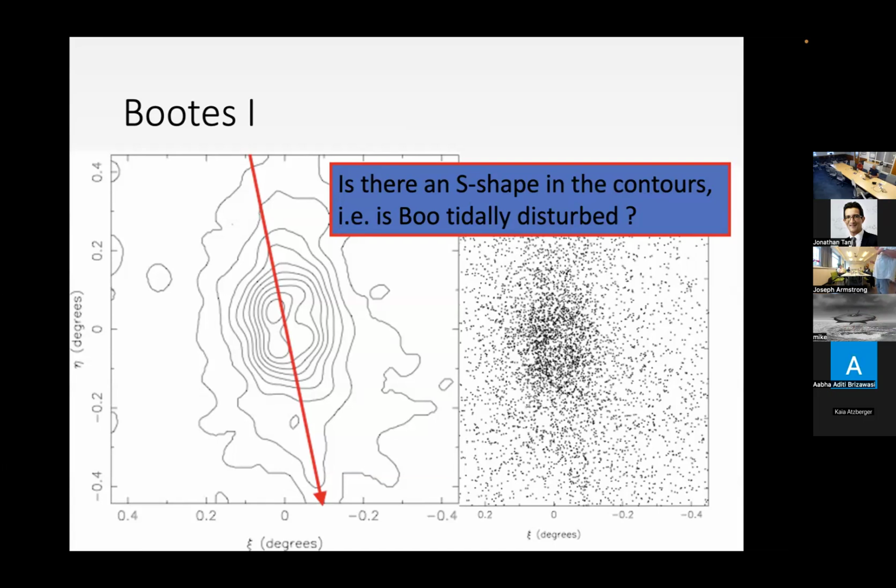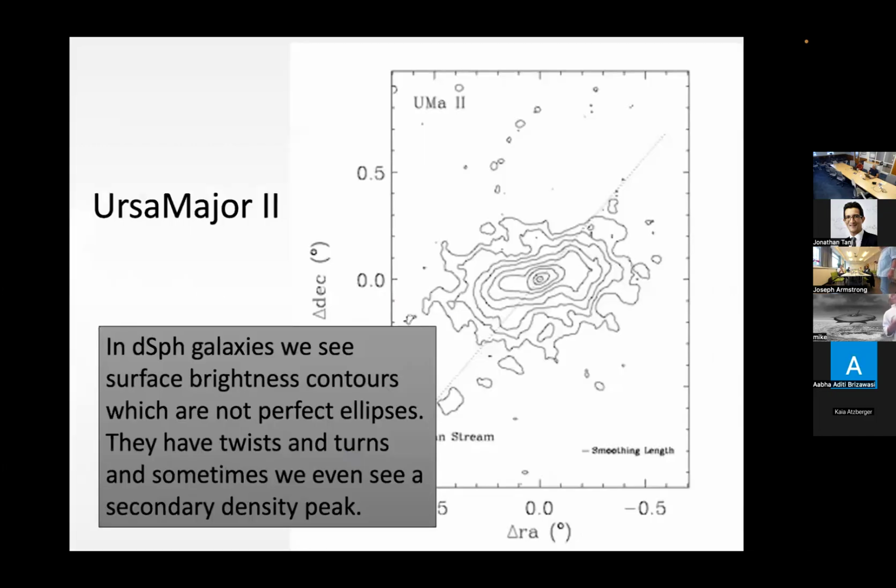Because you can disturb them through resonant tidal stripping, even though they are well within the dark matter halo. We might need to come back to that point. But what you also see is that maybe the densest part is not right in the center of the outer contours. What else can you see?